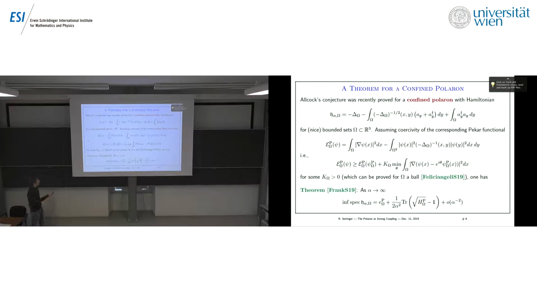Okay, so now if we look at the large coupling limit, then not surprisingly, to leading order, we find the classical approximation, which is just the Pekar functional as before, except that now it looks a bit different simply because everything is confined to this volume omega, but otherwise it's the same classical approximation as before. And the leading order correction we can indeed establish to be the 1 over alpha squared as predicted times this factor, which is the trace of the square root of the Hessian of this Pekar functional minus the identity operator. Okay, and there are error terms here which I didn't specify.